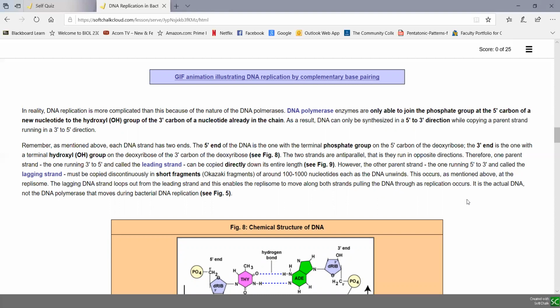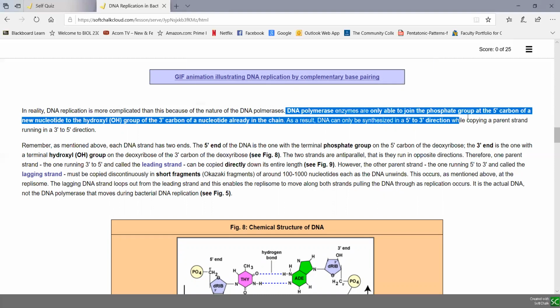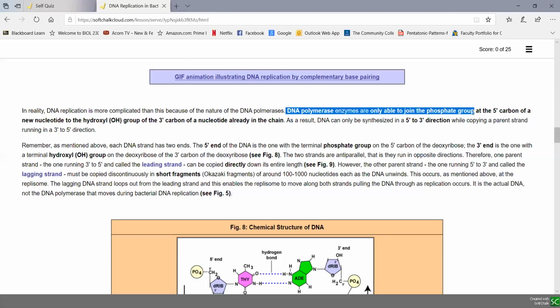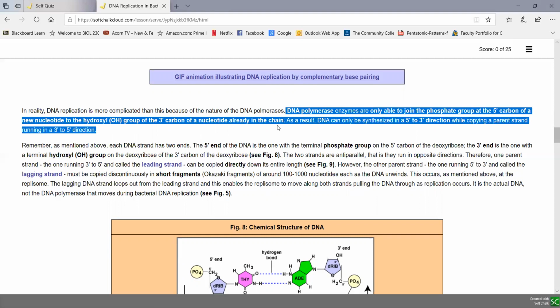But as nature is, it's often more complex than that. And that's because of the nature of the enzyme DNA polymerase. DNA polymerase enzymes can only join the phosphate group attached to the 5' carbon of a new nucleotide to the hydroxyl or OH group on the 3' carbon of a nucleotide already in the chain.